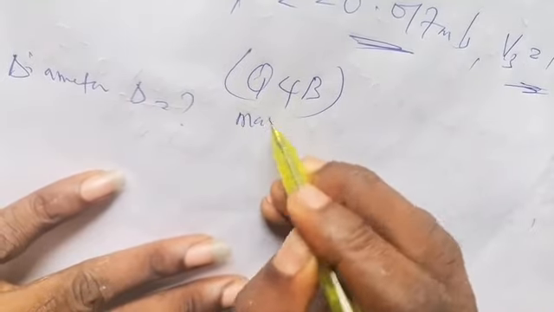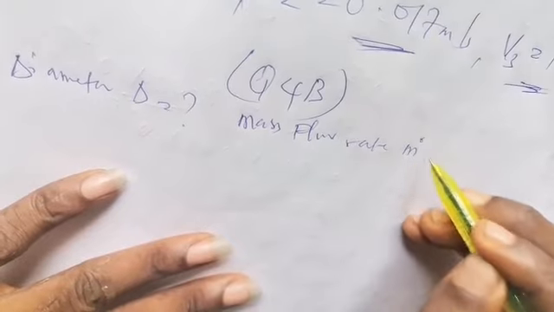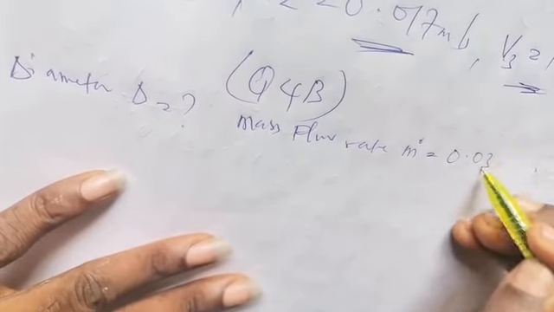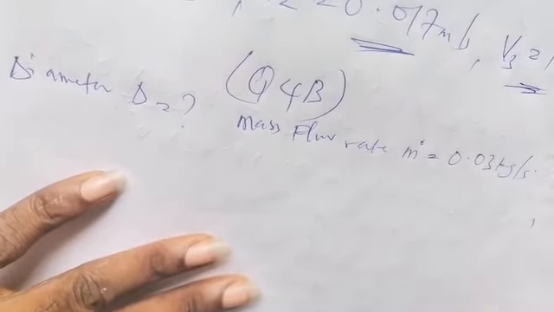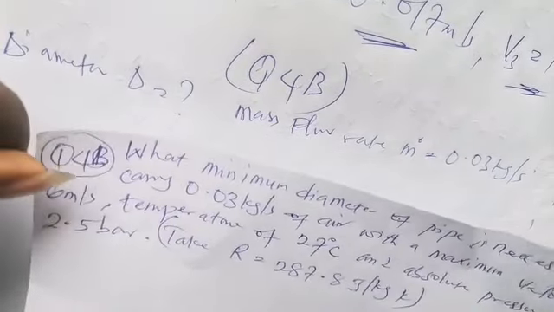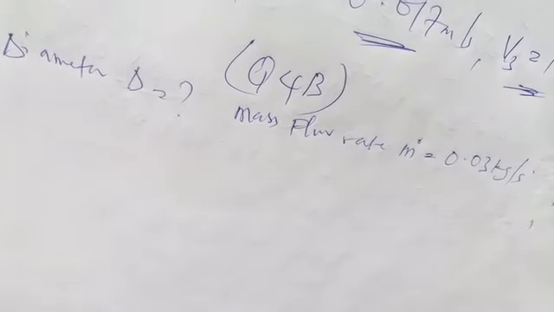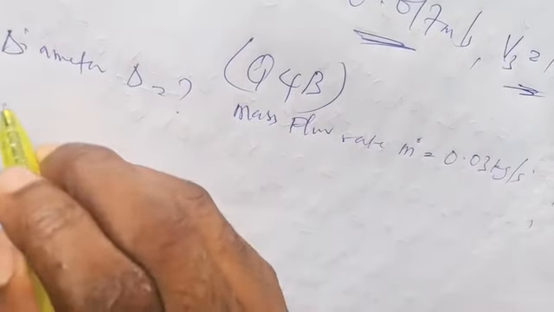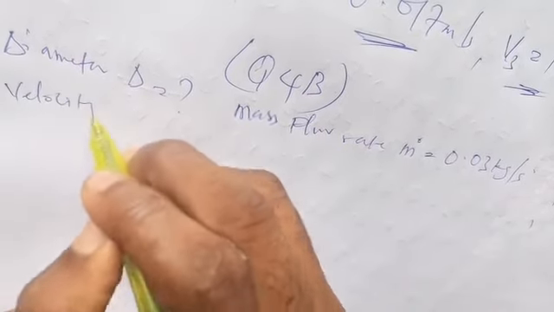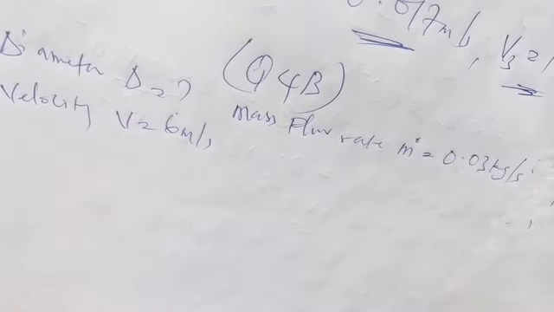So mass flow rate, which is m dot, was given as 0.03 kilograms per second, of air with a maximum velocity of 6 meters per second. So we are given velocity v equal to 6 meters per second.